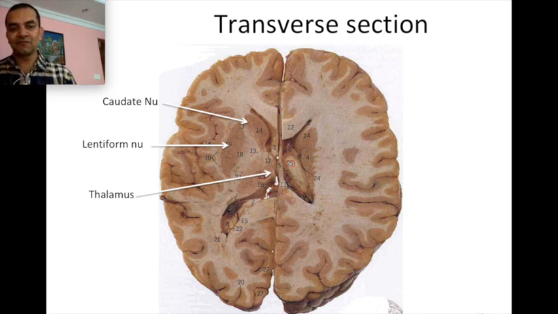To further specify the location of the thalamus, we have this transverse section of the entire brain. We have the third ventricle here, parts of the lateral ventricles here, and this is the thalamus. Here we have the caudate nucleus, the internal capsule, and the lentiform nucleus.